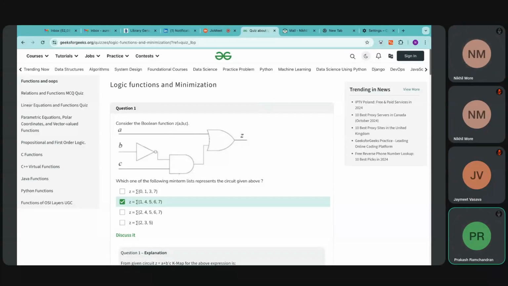So K-map is always very good. If you master it, it provides a good tool. Whatever options are there, you could just verify those using K-maps. If you know how to build a K-map, it would be a very quick operation rather than going through each of the steps.